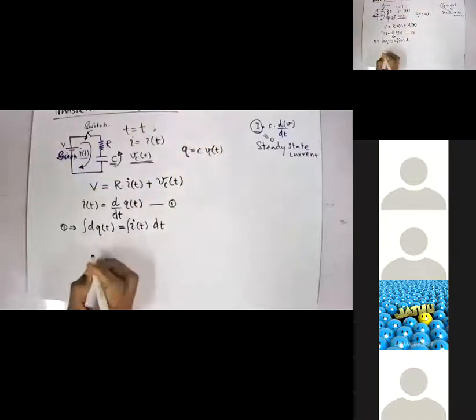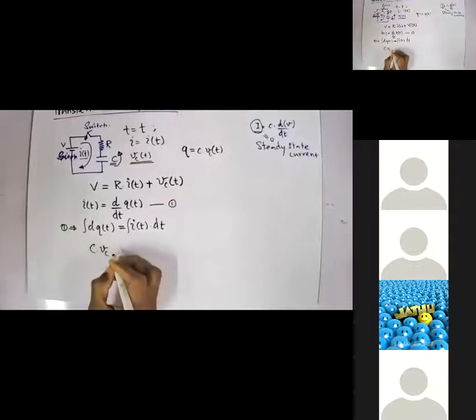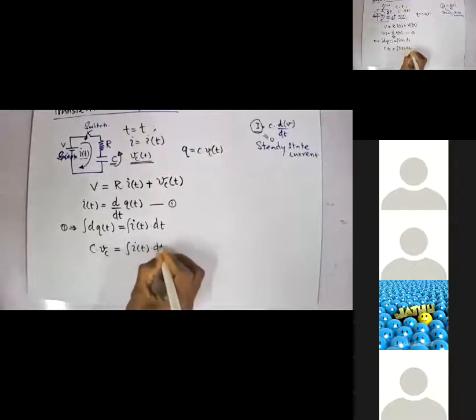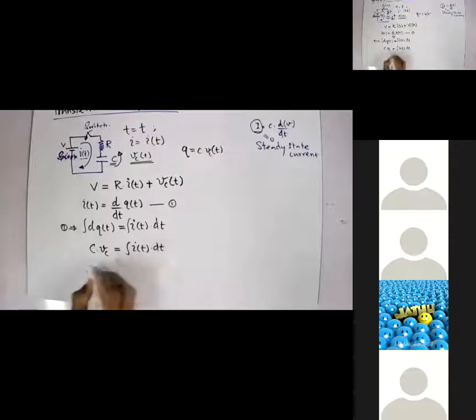So I can write it as C into Vc, which is equal to integration of I of t dt, right? So simply I can say I of t dt, right?